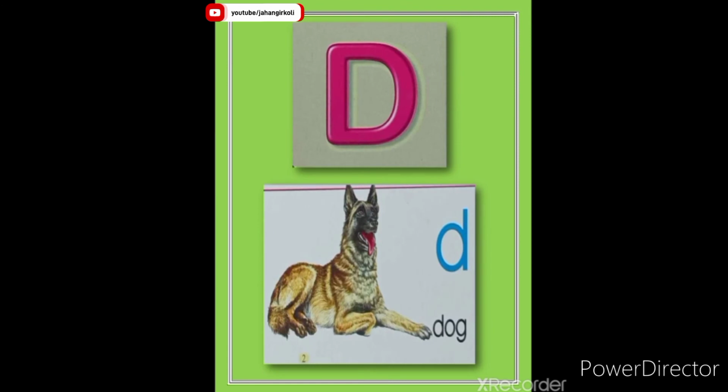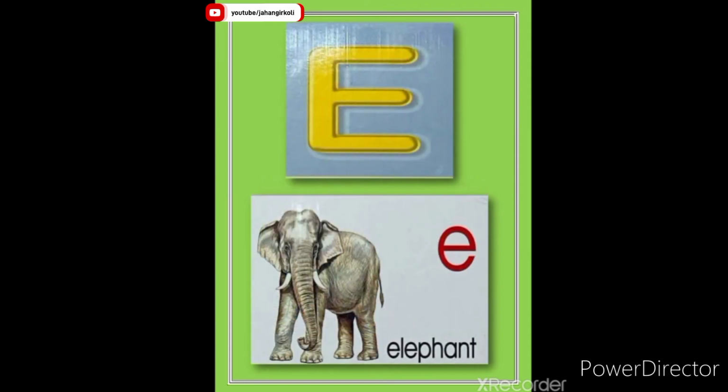D is for dog. D-O-G, dog. D is for dog. E is for elephant.